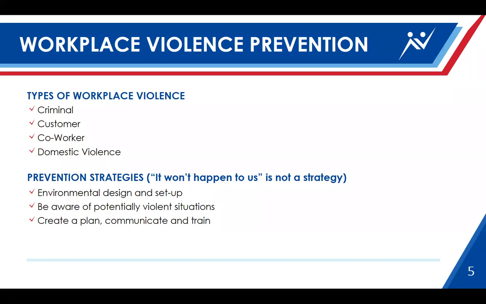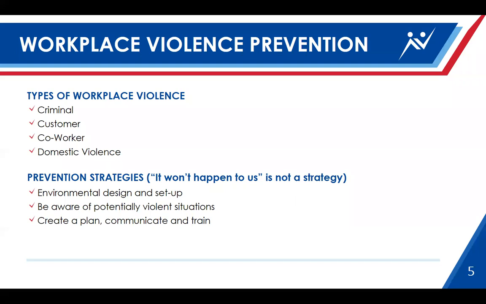And then domestic violence, unfortunately, this is another one that we see, and really the most common would be a significant other of an employee showing up at the workplace and a physical altercation breaks out. So these are all things that need to be thought of and addressed when it comes to workers' compensation and claim prevention.